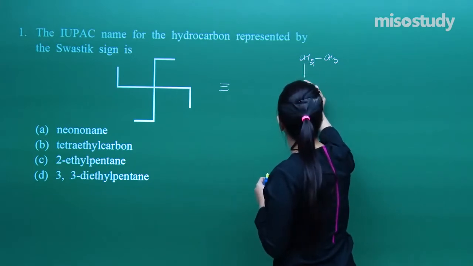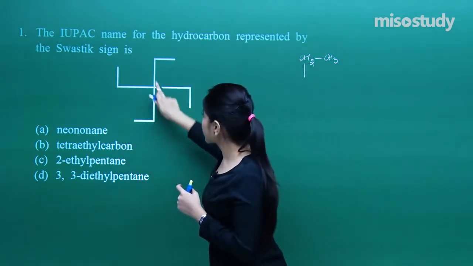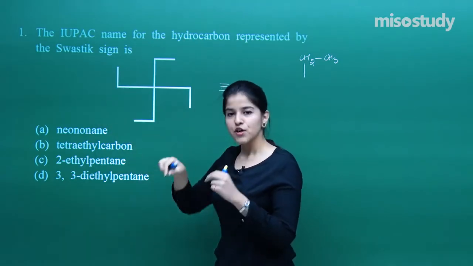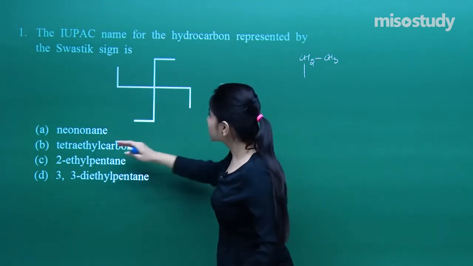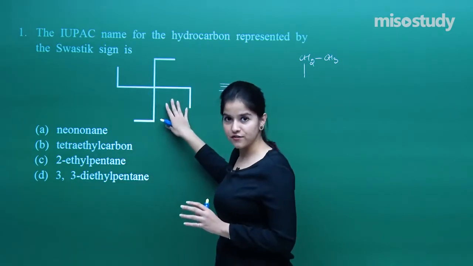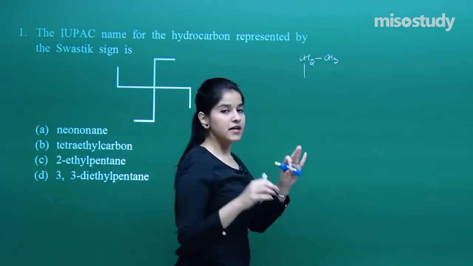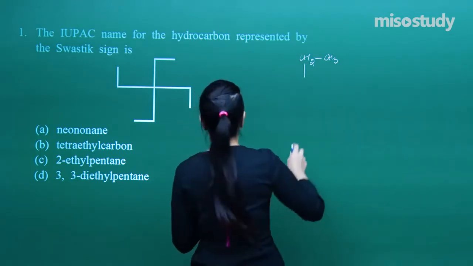For some of you, it may be very simple to recognize what all carbons are there in the bond line formula itself. So you can also number the carbons in the image itself. But let me break it down first in order to show you what all carbons are represented by this structure.